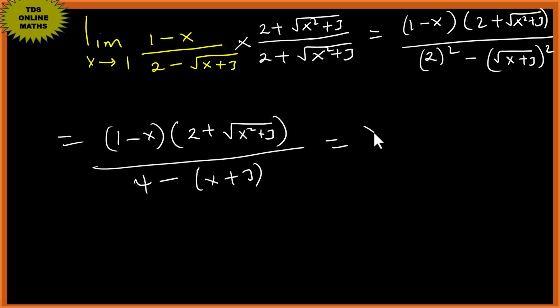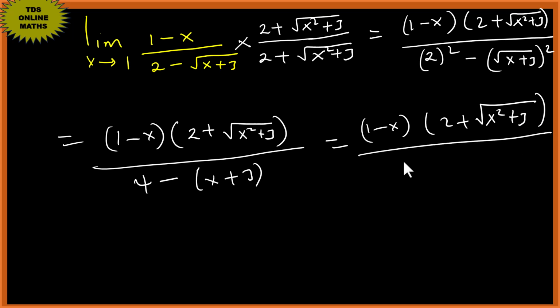So I have 1 minus x. So we have 4 minus x minus 3, which will be 1 minus x.